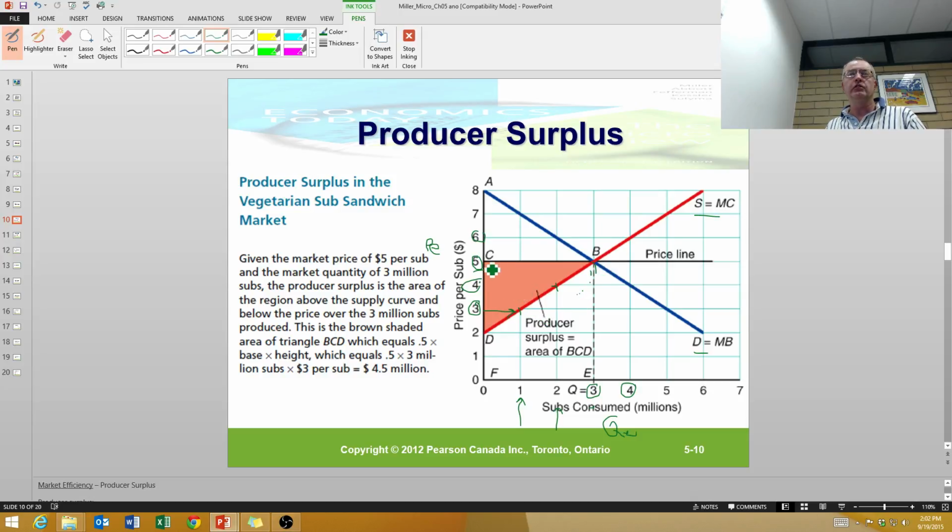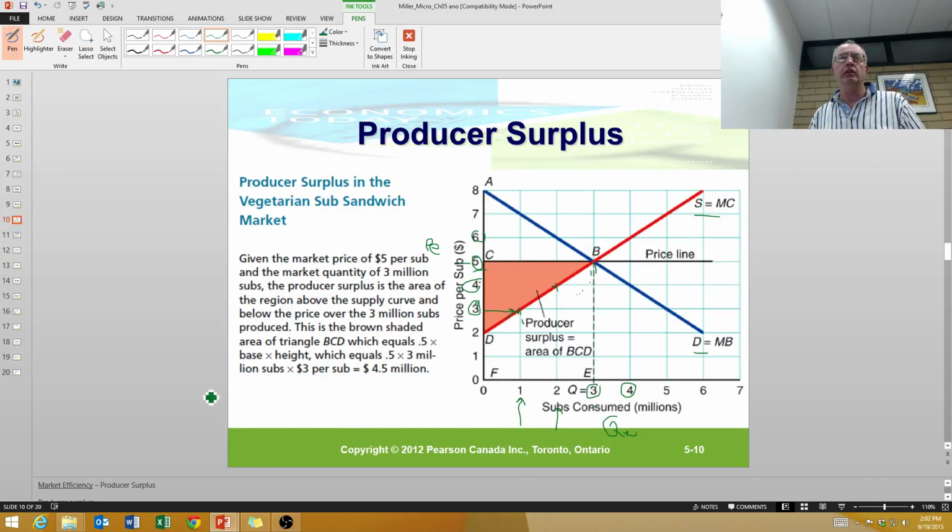The vendor gets the same price for all the total quantity sold. So this difference between the price line of $5 for all units versus the line represented by the supply curve is producer surplus. In theory, if the producer could only get $3 for this unit, $4 for that unit, and $5 for that unit, the producer would sell the exact same quantity.